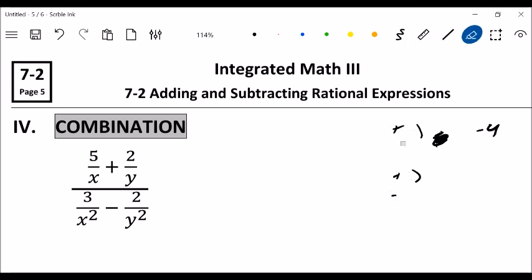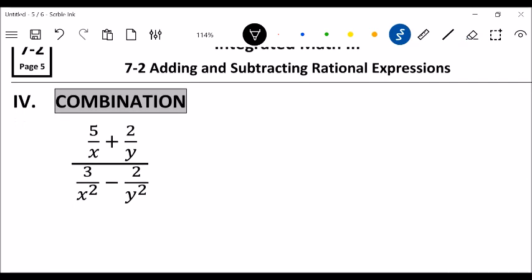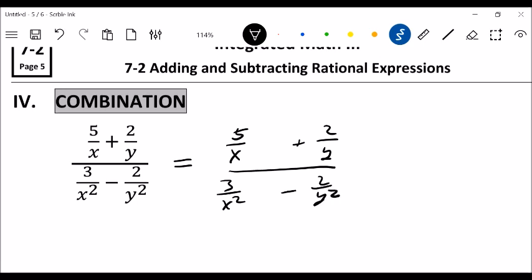That was conceptual to understand that we have to change the bottoms so that we have the same denominator. So what I'm going to do here is the 5 over x, and leave a little space. And on the bottom, 3 over x squared minus 2 over y squared.